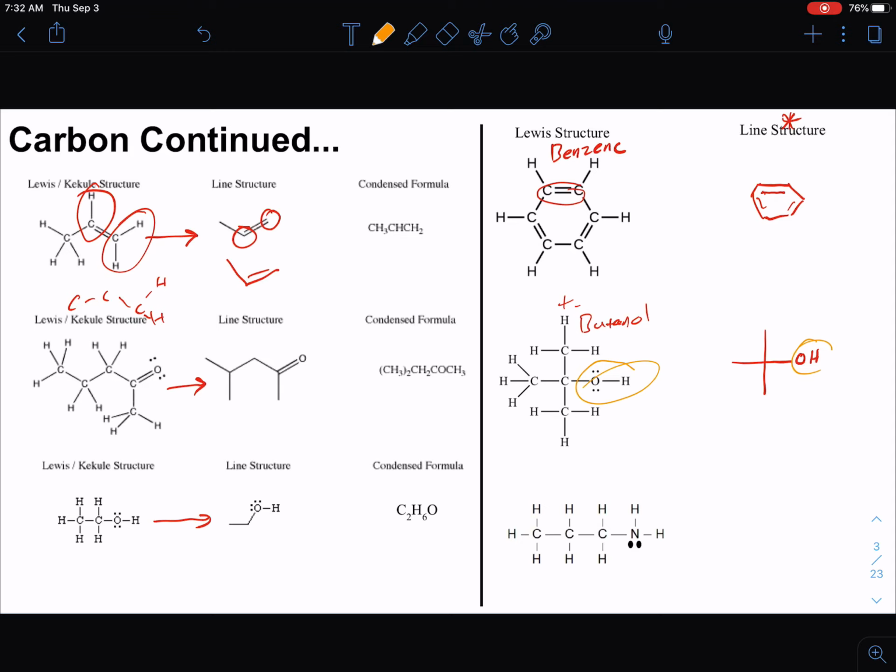And then the last one here, when you're drawing chains, this here is called a chain. This would be a ring. When you're drawing chains, you'll start from the beginning and then go up, down, up. So we have 1, 2, 3.